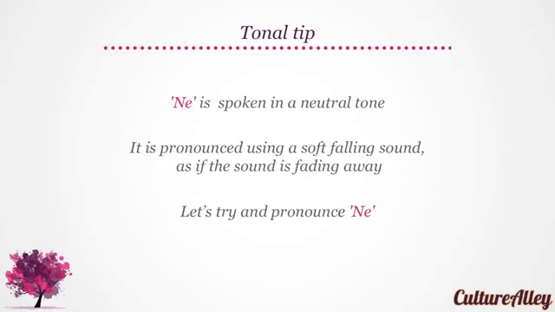Just like ma, ne uses a neutral tone and is pronounced using a soft falling sound, as if the sound is fading away, like ne. Let's try and pronounce it one more time. It's like ne. Good job!